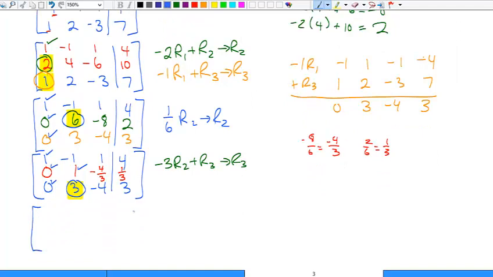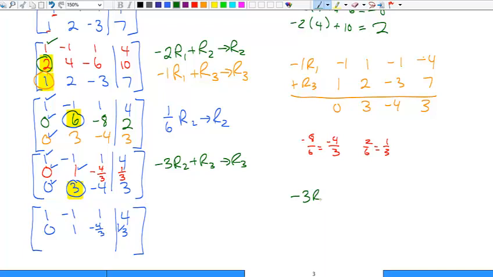My first and second row are going to stay the same. And my third row requires a little bit of effort. I'll do this one vertically.